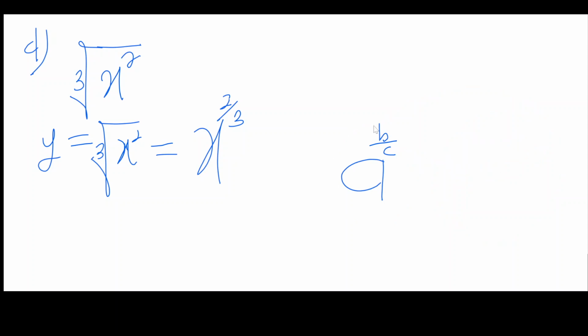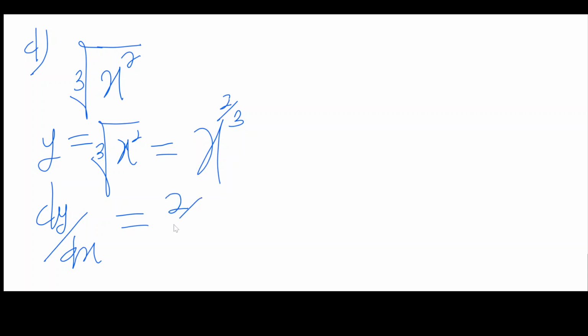Now let's progress. So we can differentiate now. dy/dx equals, now we multiply the power by the coefficient, which is 2 divided by 3. That's the power. Then x to the power, then we subtract 1: 2 divided by 3 minus 1.